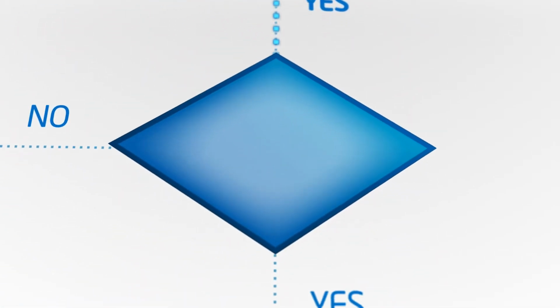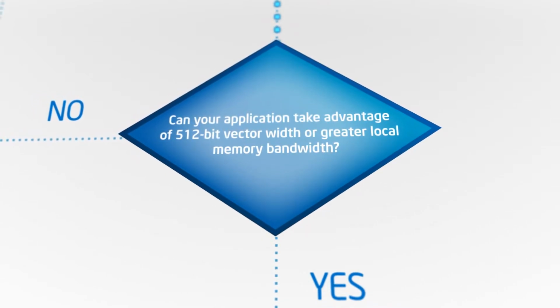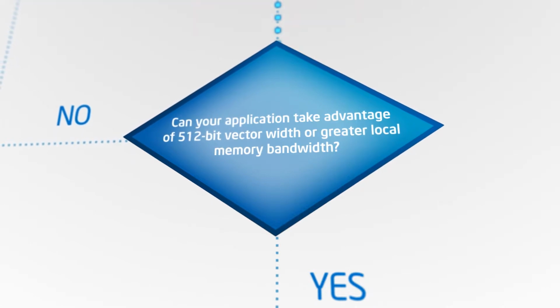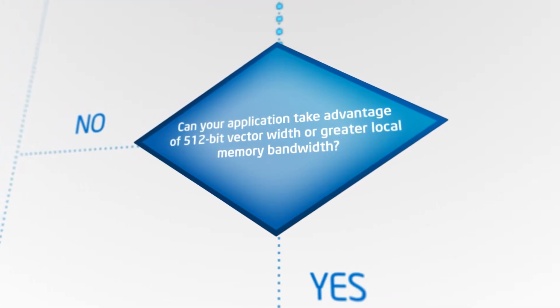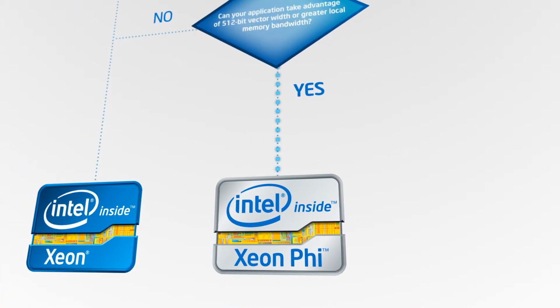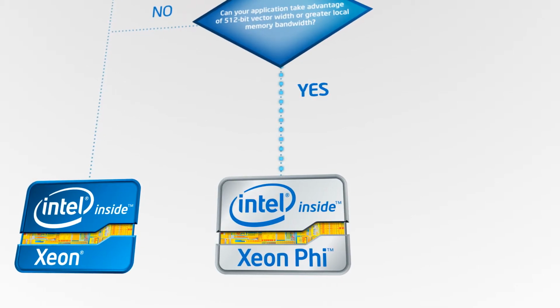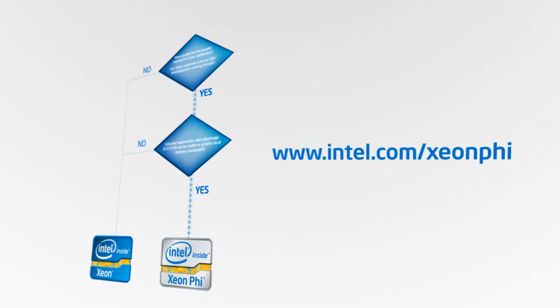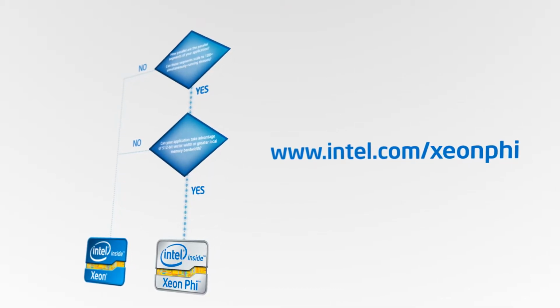And second, can your application take advantage of the Intel Xeon Phi coprocessor's advanced data parallelism features, such as its 512-bit vector width or its greater local memory bandwidth? If you answered yes to both questions, there's a good chance the Intel Xeon Phi coprocessor can increase your application's performance. Our online resources can help you determine whether the Intel Xeon Phi coprocessor can benefit your application.